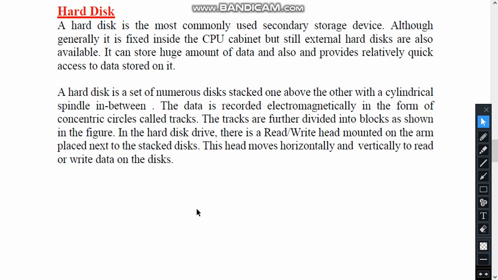Here the data is recorded electromagnetically in the form of concentric circles called tracks. Then the tracks are further divided into blocks. In the hard disk drive, we can perform both the read and the write operation, and there is a read write head mounted on the arm which is placed next to the stacked disk. So this is about your hard disk.